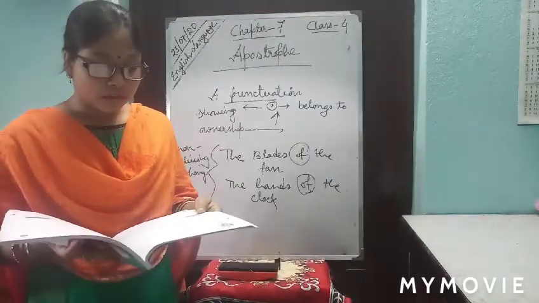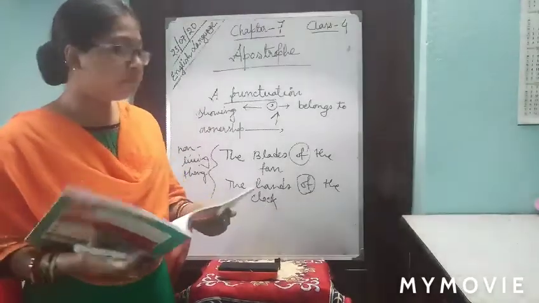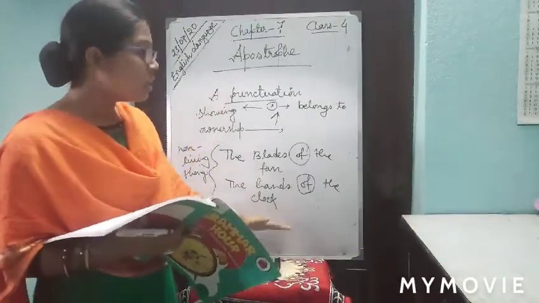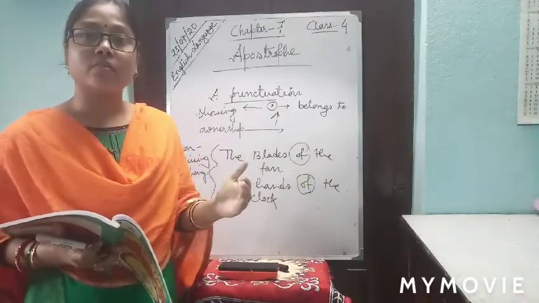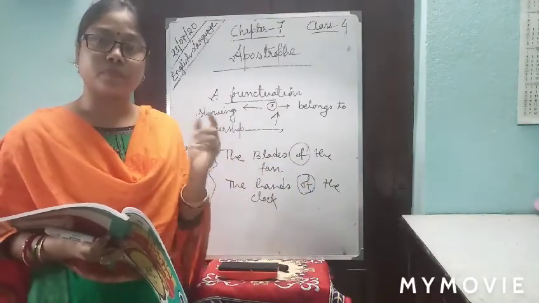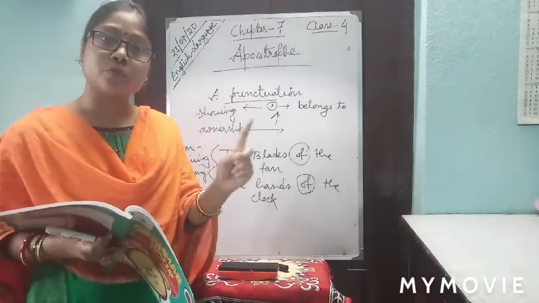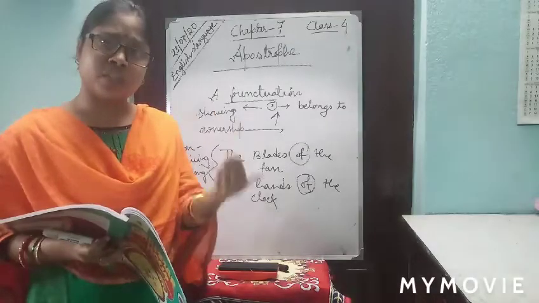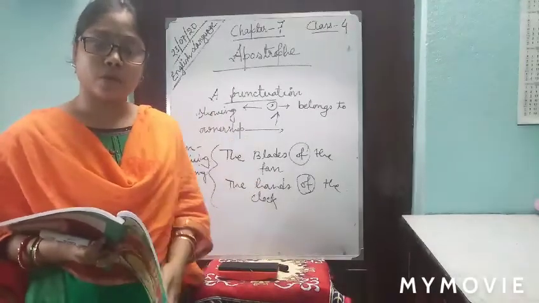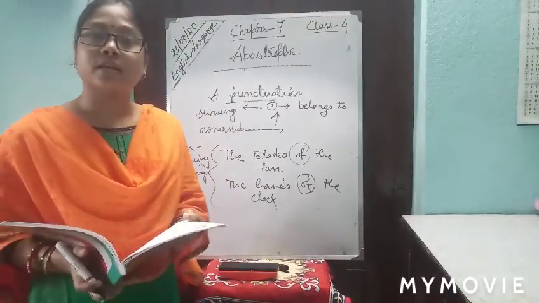Before that, just learn about non-living and living things. The difference is only the apostrophe and of. We use of for non-living and the apostrophe for living things. Okay, up to this just revise. Thank you, class.